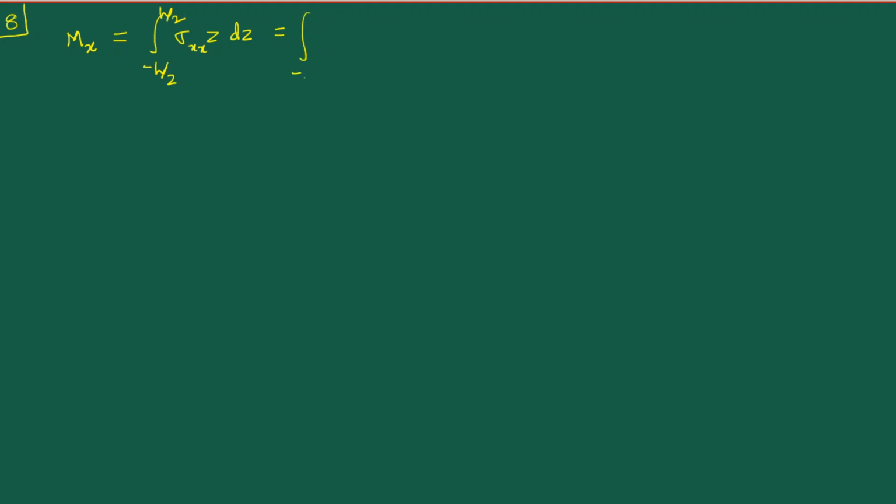You can refer that back. The expression was E by 1 minus nu square, epsilon xx plus nu epsilon yy, and then we have the z dz.